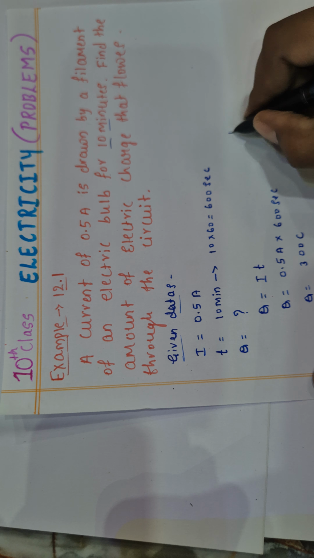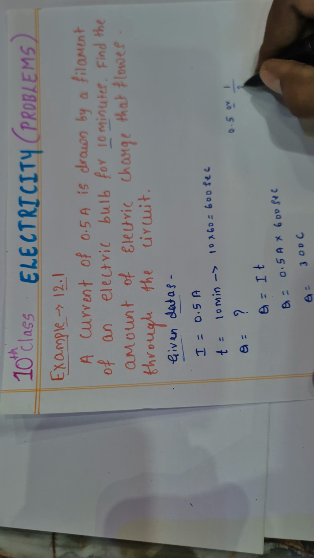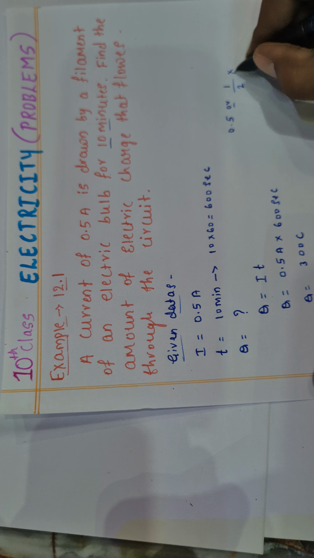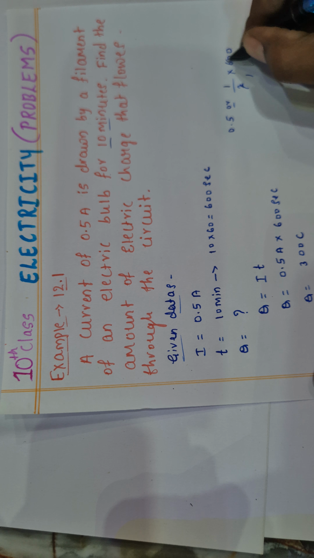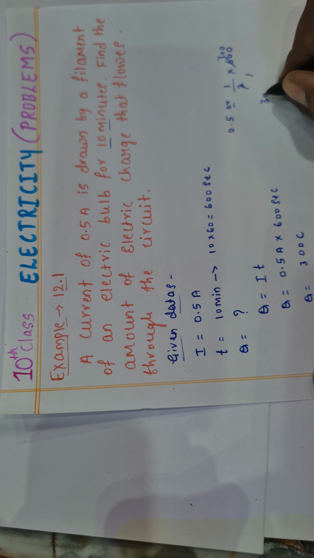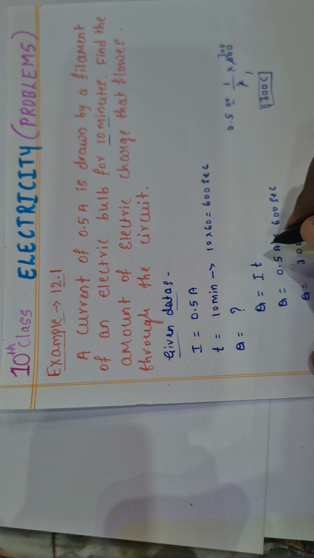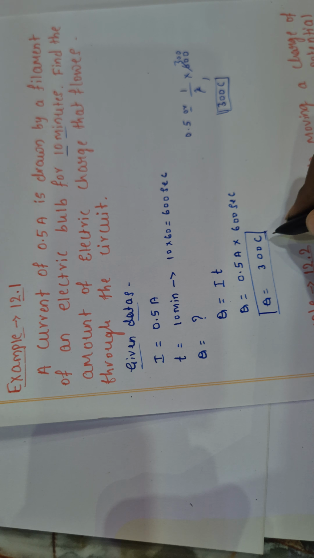Like this: 0.5, or we can also take 1 by 2, half is also the same, into 600. 2 ones are 2, 2 threes are 6, so 300. That's the answer, 300 coulomb. We can write it this way or that way. Now the final answer is Q is equal to 300 coulomb.